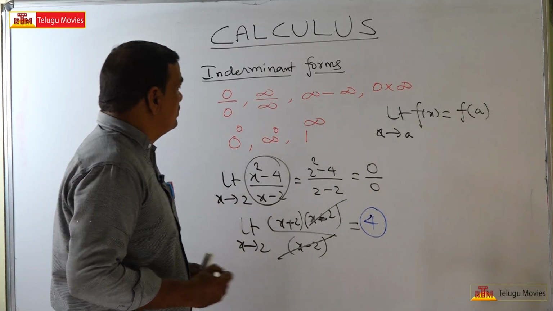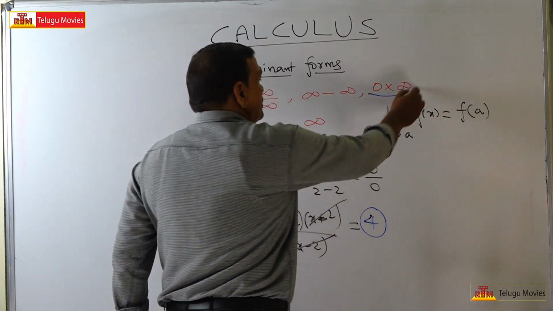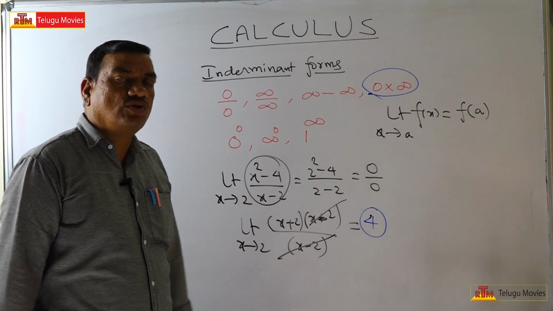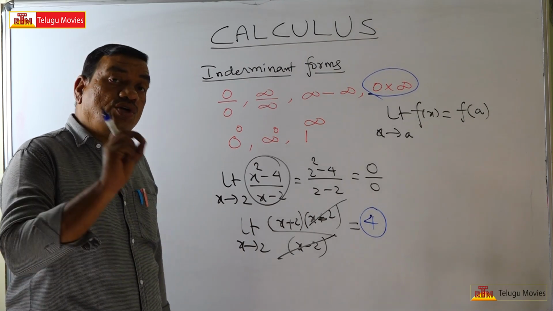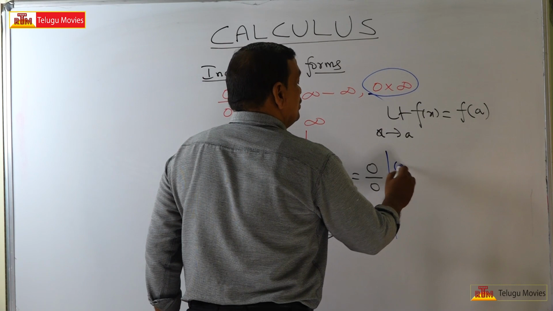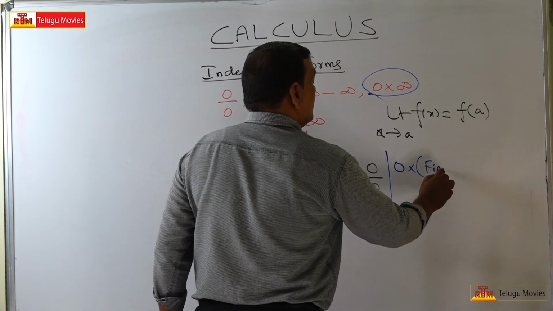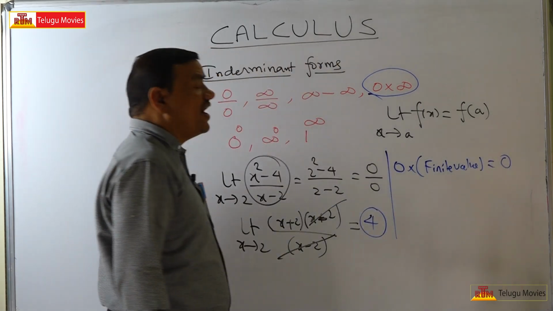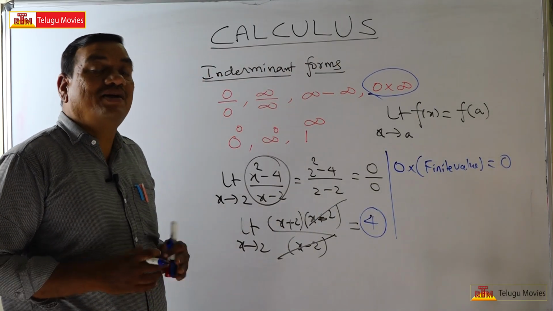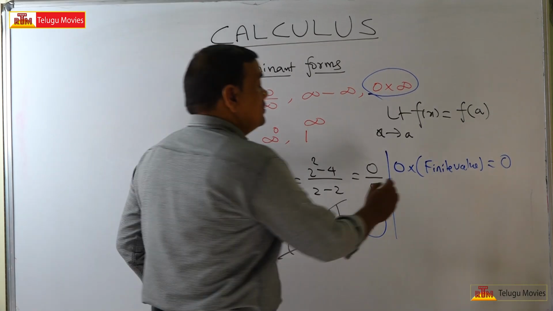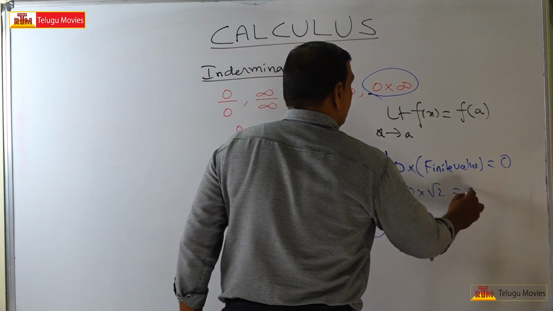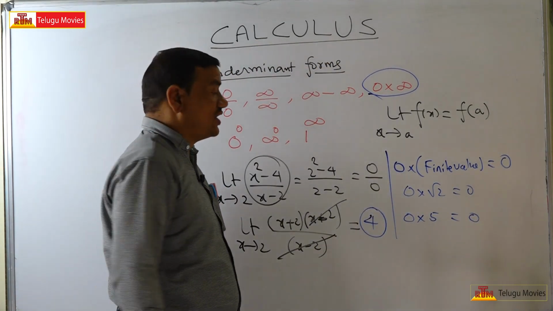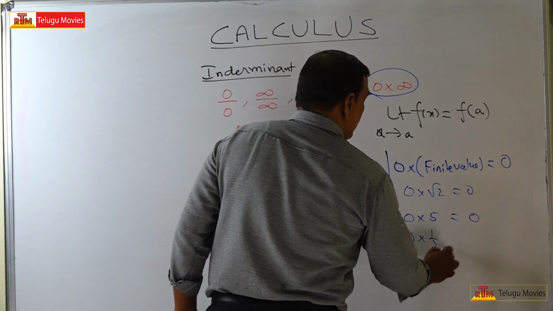One more thing: generally students have an opinion about 0 into anything. They will say that 0 into anything is 0. That is wrong. 0 multiplied by a finite value, then only it is equal to 0. Finite value means any real number, a defined value. 0 into root 2 is 0. 0 into 5 is 0. 0 into 1 by 2 is 0.